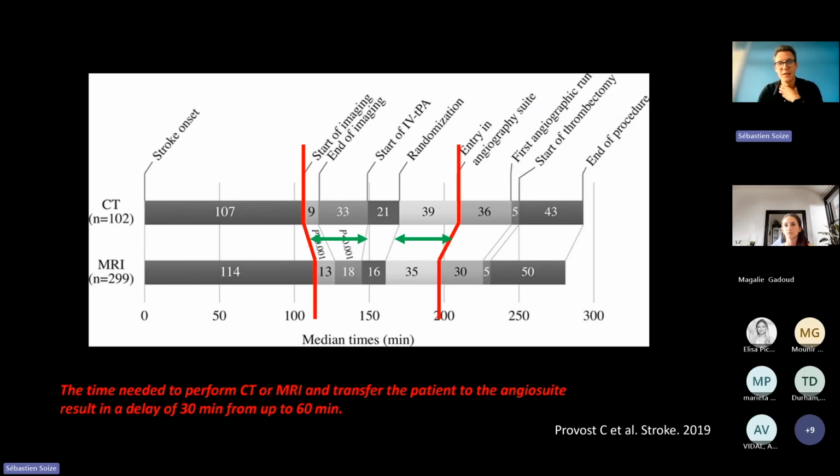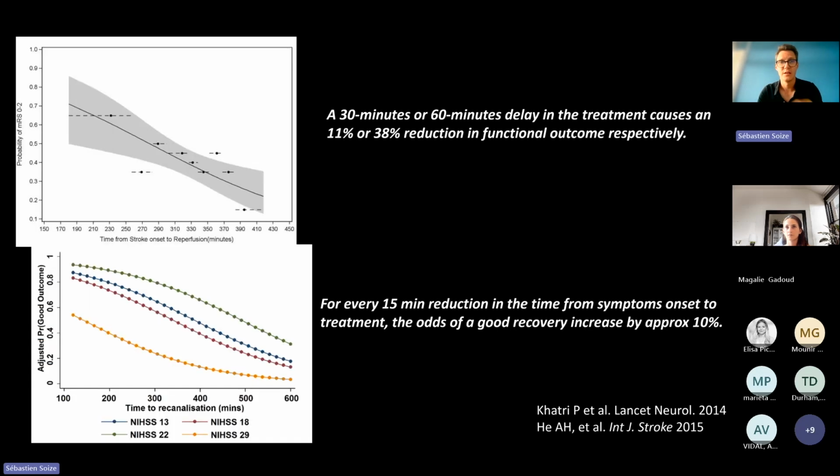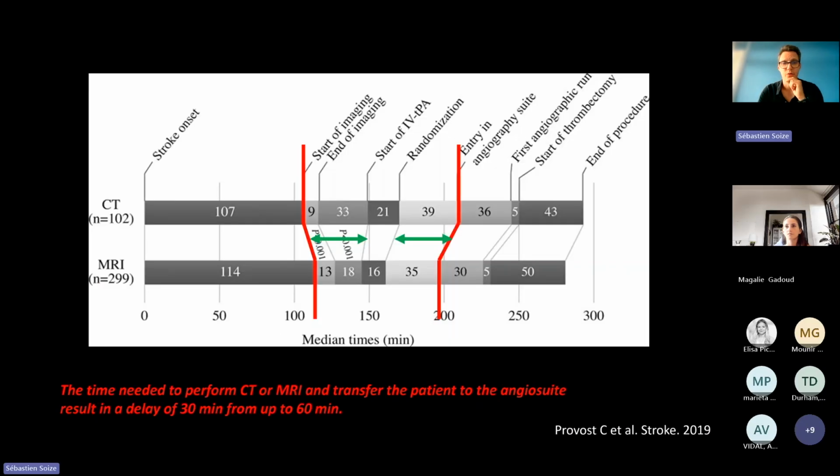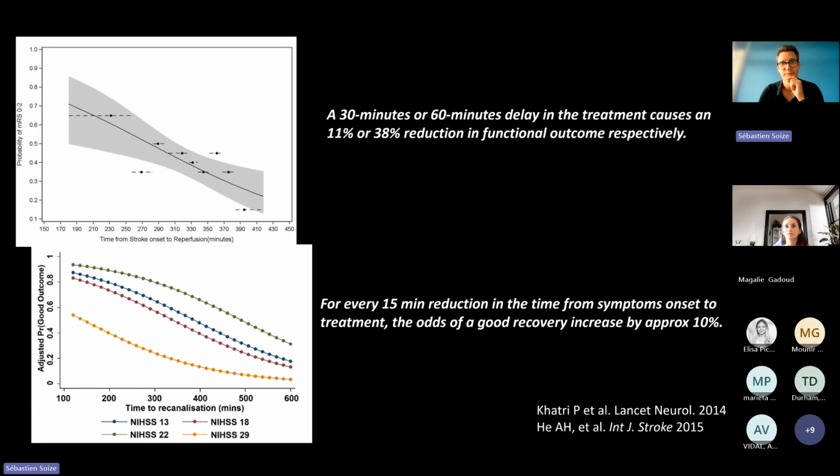Looking at this, we can understand that we can win 30 to 60 minutes if we skip the whole imaging part. Doing the imaging is not the biggest part, but all the transfers of the patients before and after are super time consuming.